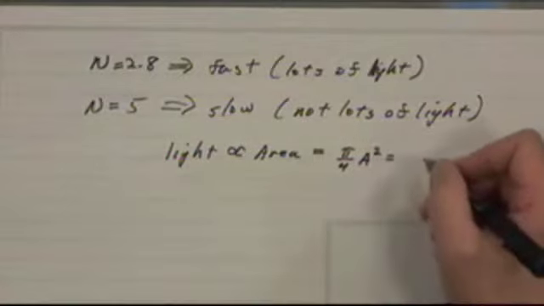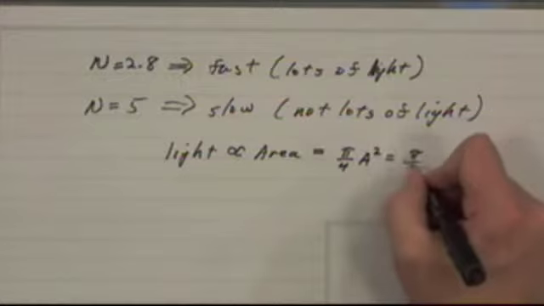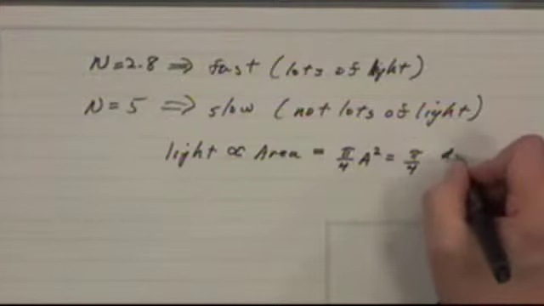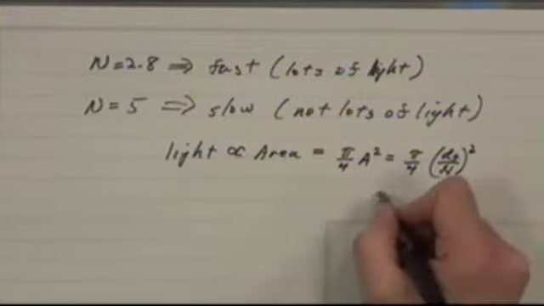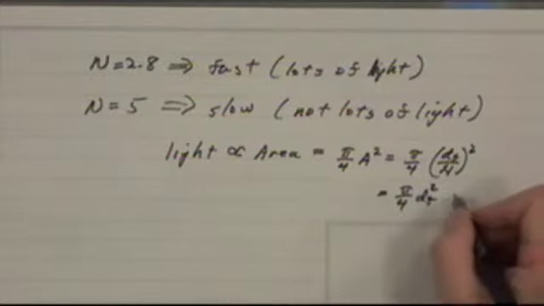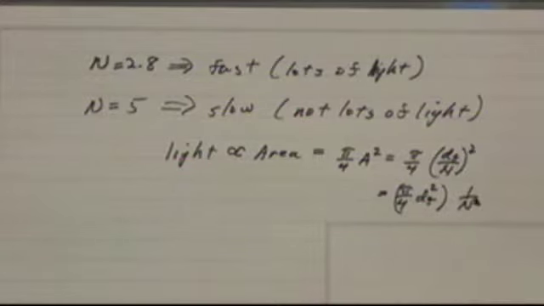So that's equal to pi over 4, and a is going to be df over n squared. So that's going to be equal to pi over 4 df squared times 1 over n squared. So the light is inversely proportional to the square of the f-stop.